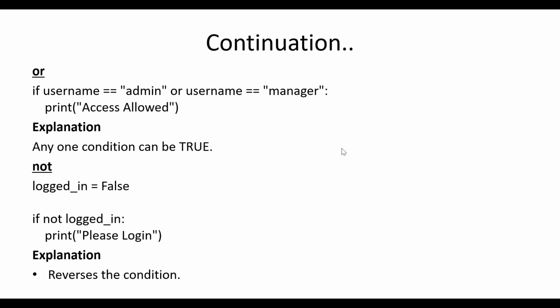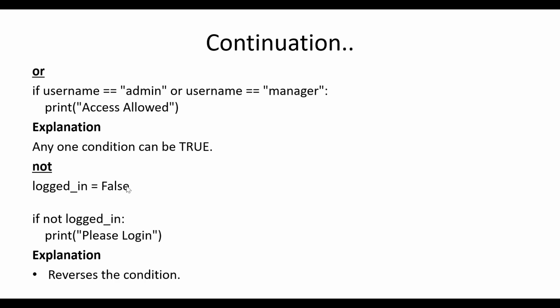Then the or operator. In this or, either of the statements should be true. Then only we'll get into the if block, because if either of the statements is true, I'll be getting the outcome as true. The if statement will be executed only if it returns true. And the not operator, it will reverse the condition.